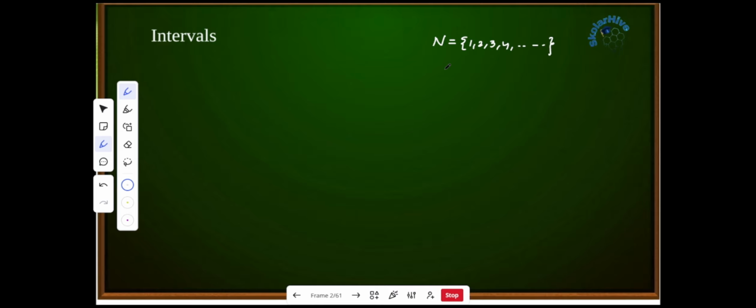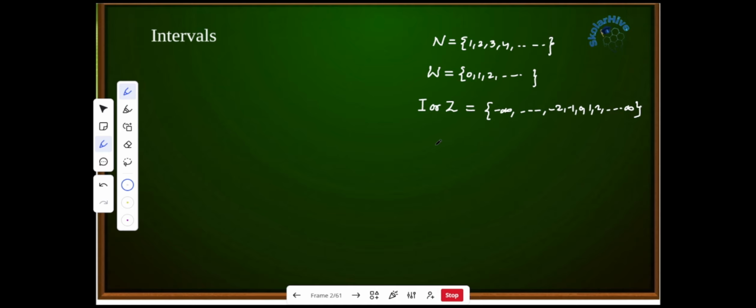Likewise, we have the notation W for the collection of whole numbers, which is 0, 1, 2, 3 and so on. And for integers, we have the notation I or Z, which denotes the collection of all integers: negative infinity to negative 2, negative 1, 0, 1, 2 and up to positive infinity.